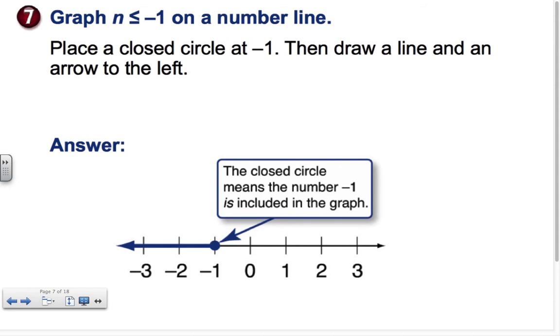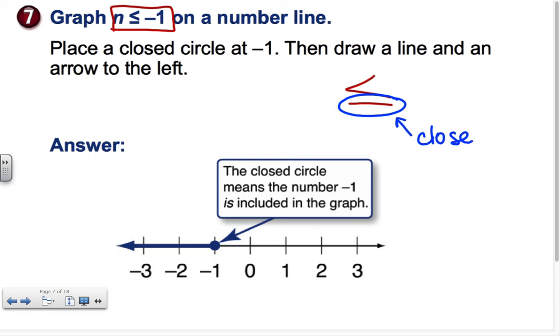As you look at this, I'm going to graph, if you notice, this is the graph of n is less than or equal to, okay? And when you have this little bar right here, which is equal to, that actually means to close the dot on the graph, which means right here.